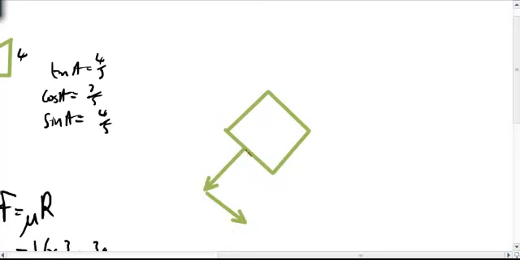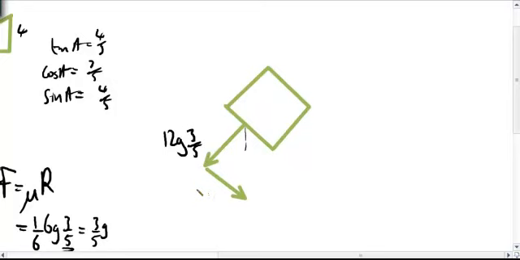This one always works out to be mg cos theta, or mg times the cos of the angle. That's the case, it's always mg cos of the angle into the incline. So in this case it's going to be 12g cos of the angle, which is 3/5.